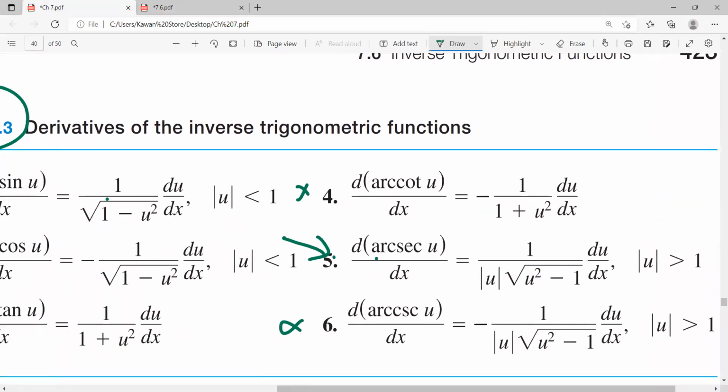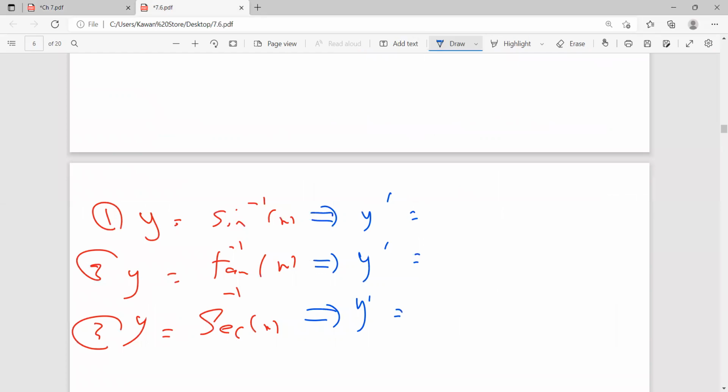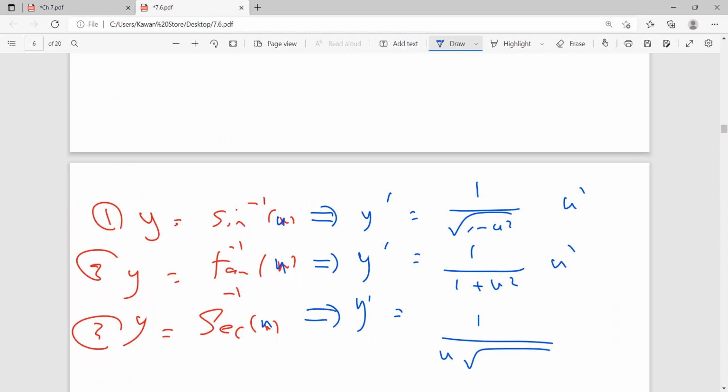The derivative of sine inverse of u, where u is the function, is equal to 1 over the square root of 1 minus u squared, times u prime. For the second, 1 over 1 plus u squared, times u prime. For the third one, 1 over u times the square root of u squared minus 1, times u prime. u prime means du over dx. Okay, I'll give you 10 minutes to take a rest.